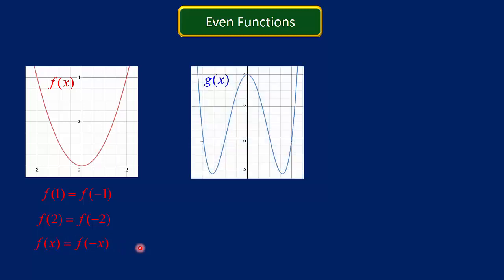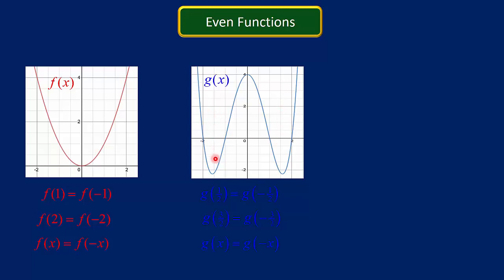Okay, let's look at another one. Here's another example of an even function. Now notice we've got g of 1/2 right here equals g of negative 1/2. Notice, same y value. Okay, g of 3/2 equals g of negative 3/2. Same thing, see?